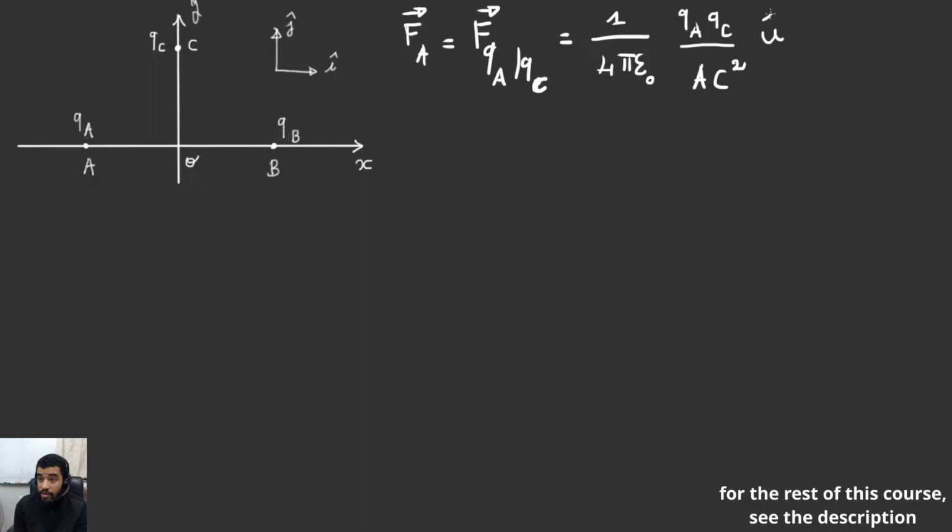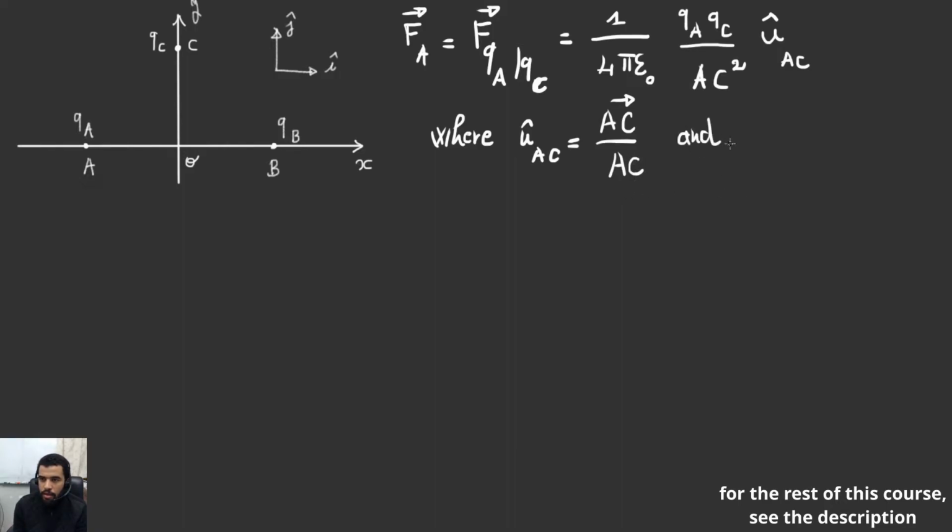And I have exactly here the unit vector UAC from A to C, because here I have the force due to QA located on A on C. Okay, so the source of this force is QA and the application point is C, so from A to C, where the unit vector itself, UAC, is exactly the vector AC over the magnitude of AC.